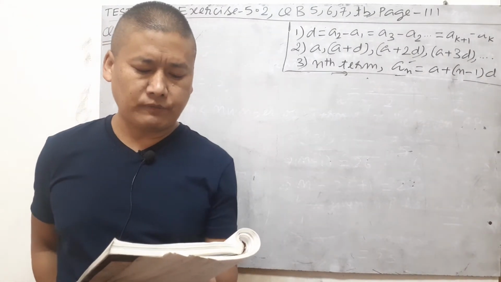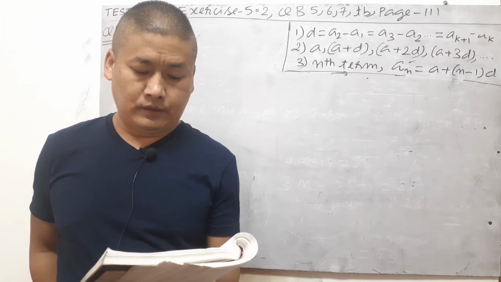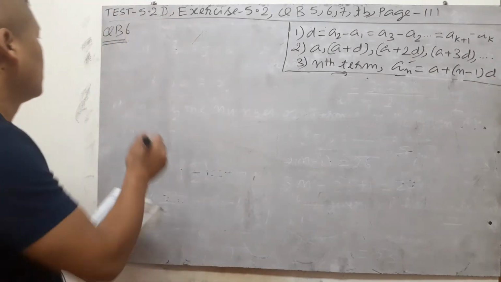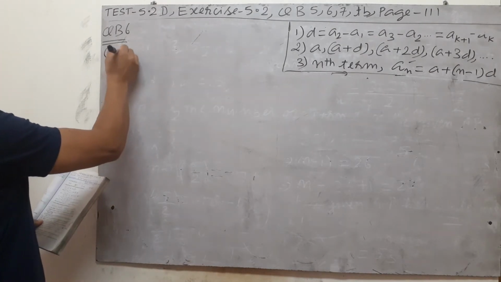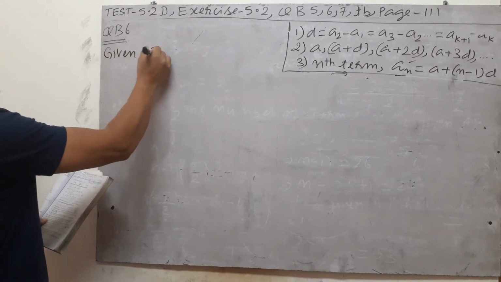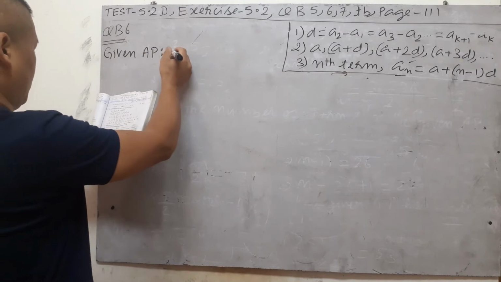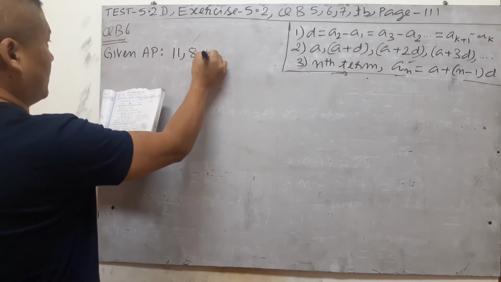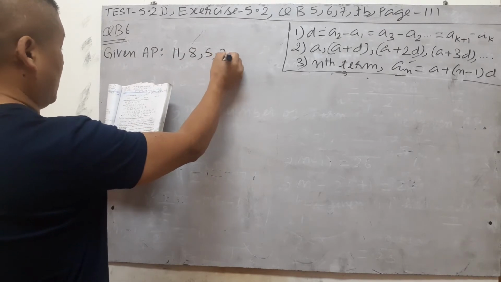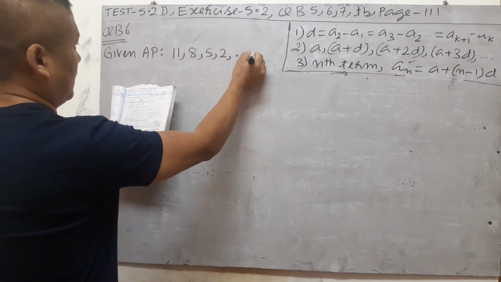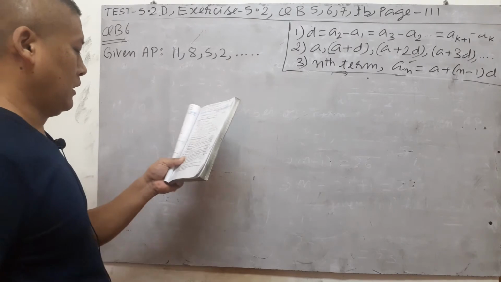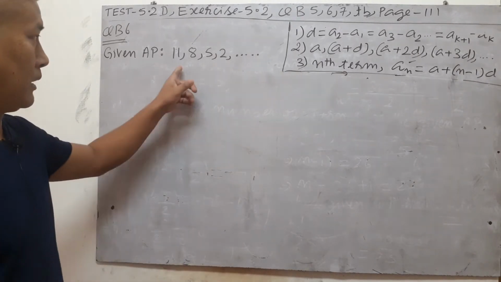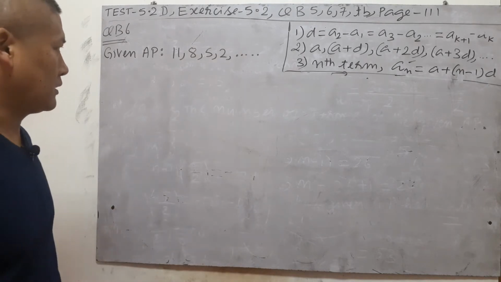Check whether minus 150 is a term of the AP 11, 8, 5, 2. So the given arithmetic progression in question number 6 has first term 11, then 8, then 5, then 2, and so on, and the last term is not given here. So is minus 150 also a member of this AP?